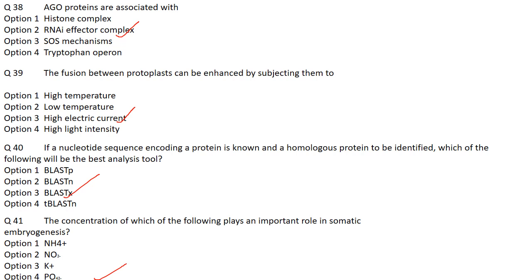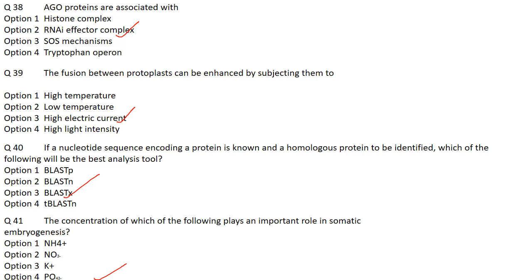When it finds a complementary strand, it activates RNase and cleaves the RNA. So AGO protein is associated with RNAi effector complex. The fusion between protoplasts can be enhanced by subjecting them to high electric current. Answer is option 3. The next one.